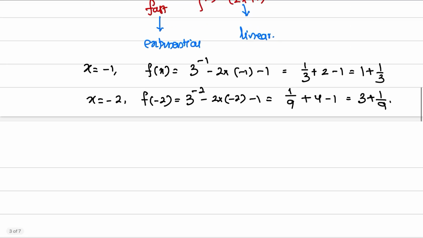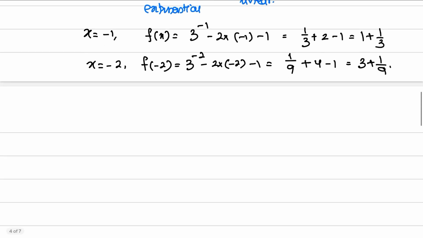Hence, for any value less than 0, this particular function attains a positive value. That means the behavior will be like this.